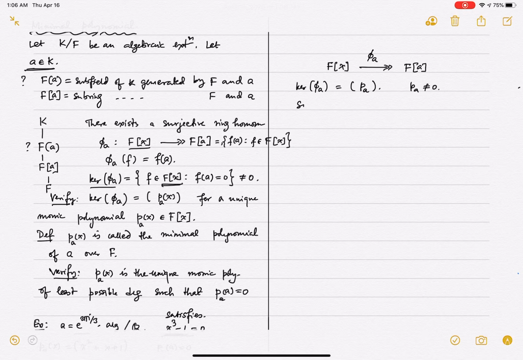So, by the first isomorphism theorem, F[x] mod this ideal is isomorphic to F[A].